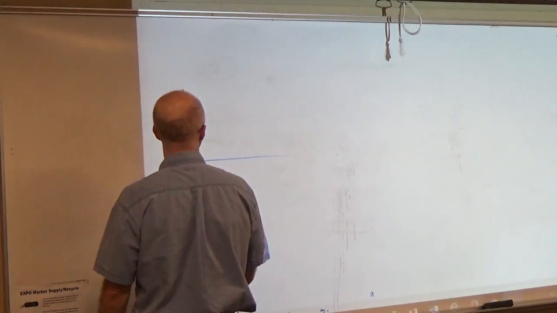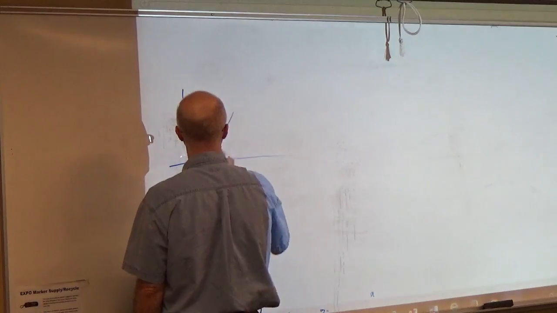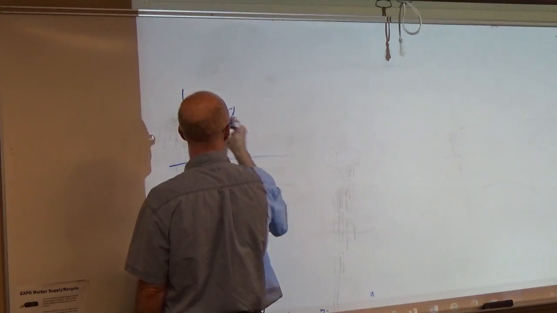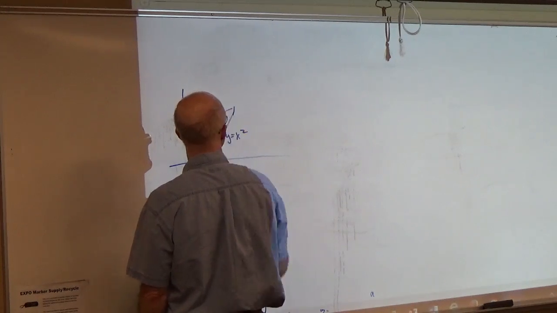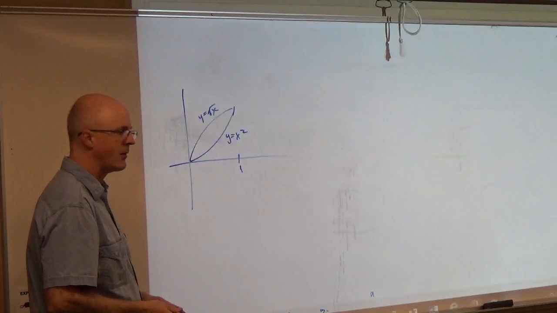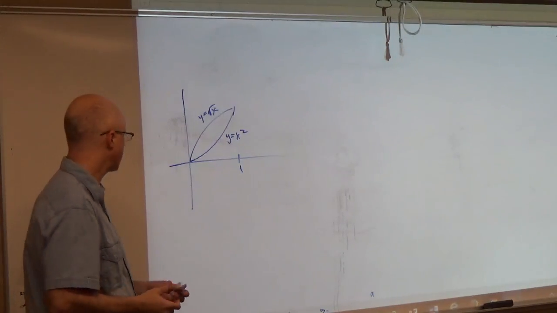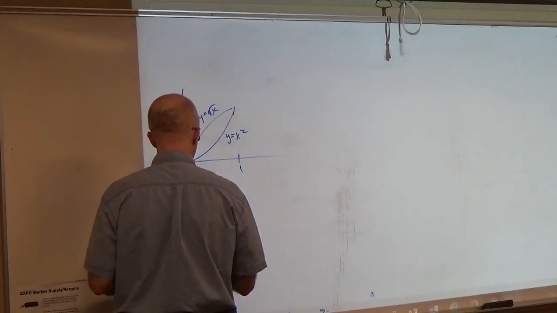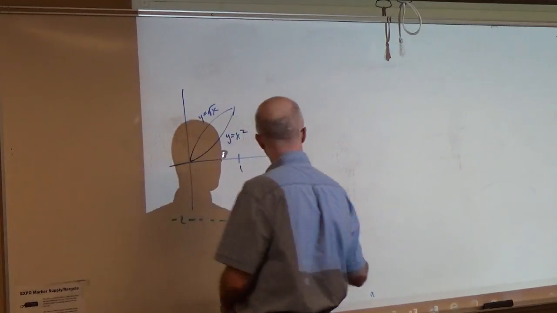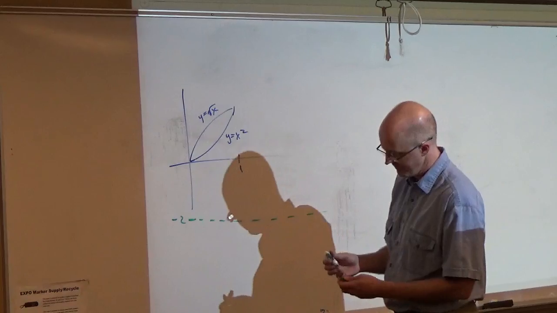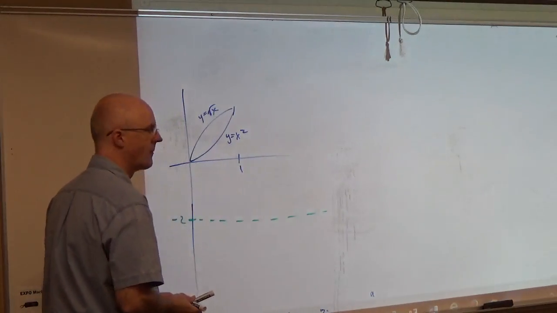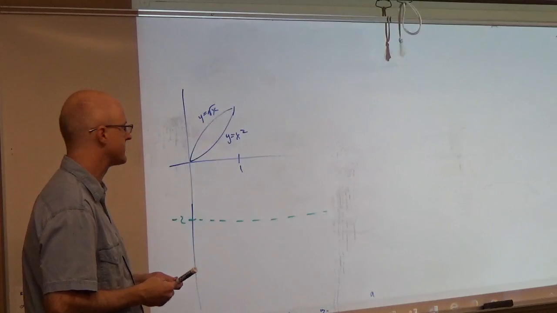So this time, let's take the region between the graphs of y equals x squared and y equals square root of x from 0 to 1, and not rotate it around the x-axis. Let's rotate it around some other horizontal line, like down at y equals -2. Find the volume of the solid that results.